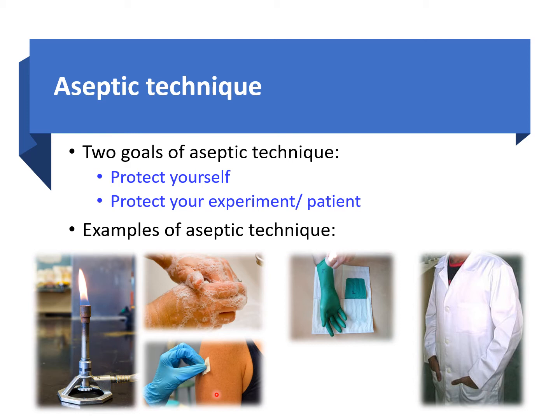So it's super important that before injecting any patient, you must clean their arm first, or wherever the injection site is going to be. You have to clean that skin area with alcohol, or it doesn't have to be alcohol, any other disinfectant would do as well.